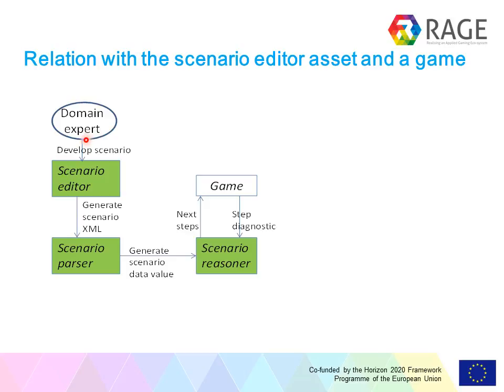A domain expert develops a scenario in the editor, the output of which is an XML. A game developer can then parse this XML to generate a binary value, and this may be used at runtime to get the steps of a scenario and the options for each step.